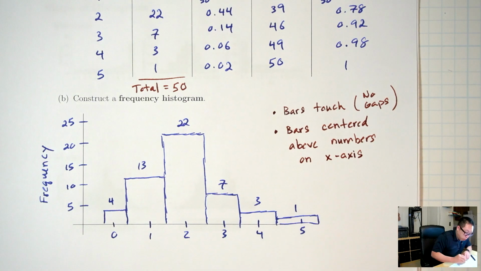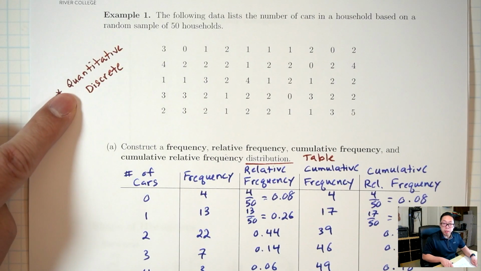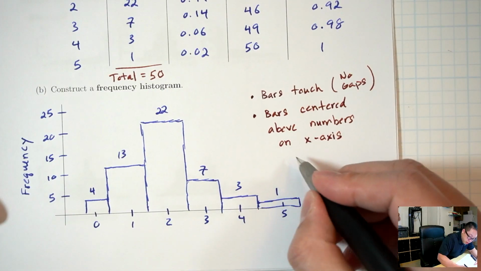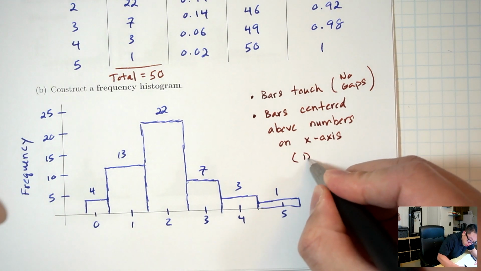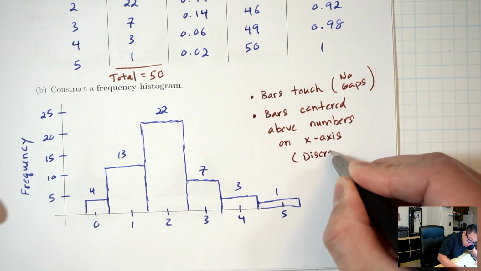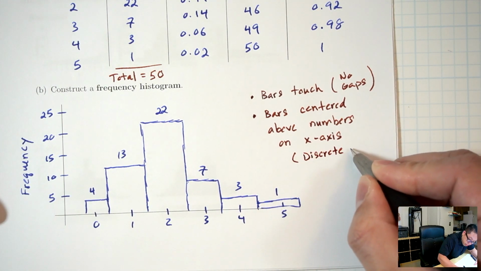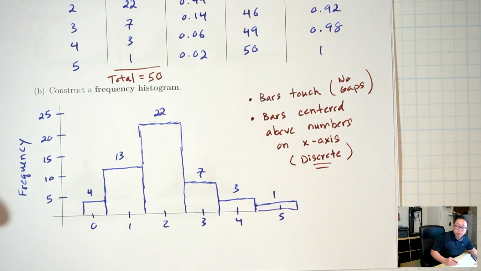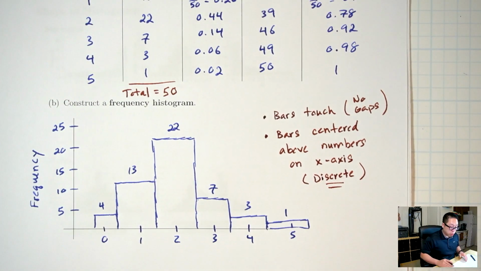And this is only for quantitative discrete. Later on, when we talk about quantitative continuous, I'll say something different there.